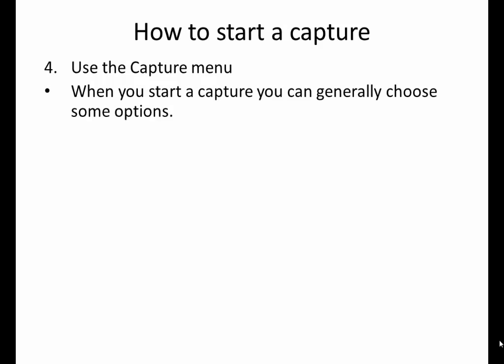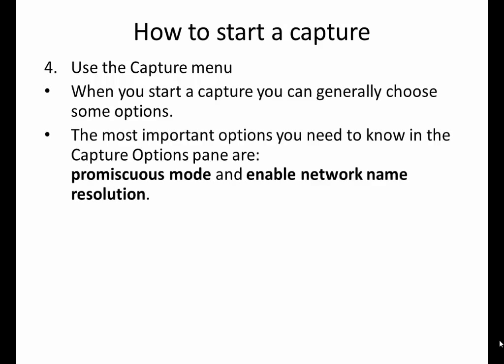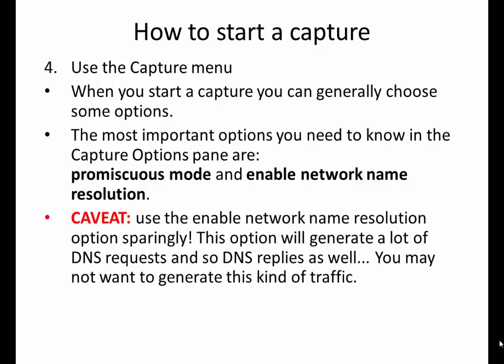And when you start the capture, you can generally choose some options. The most important options you need to know in the capture options panel are promiscuous mode and enable network name resolution. Enable network name resolution needs to be used with caution, because this will generate a load of DNS requests: for every IP it does a reverse DNS lookup to find out the name of the host.